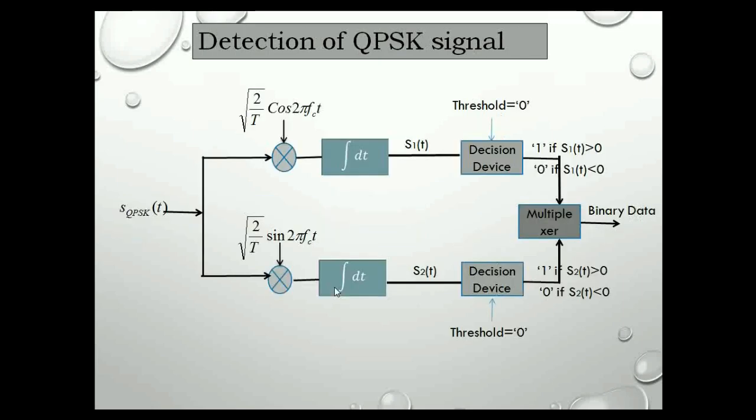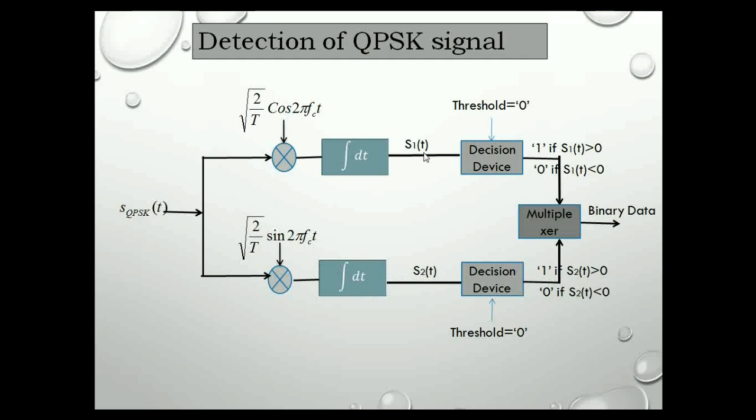The generated QPSK signal is received by the coherent detector, which has correlators. The first correlator is applied with the carrier square root of 2 by T cos 2 pi fc t, and this generates the output signal s1 of t. The second correlator is provided with the carrier square root of 2 by T sin 2 pi fc t, and the output of this correlator is s2 of t.